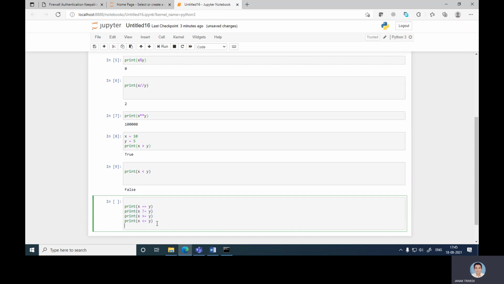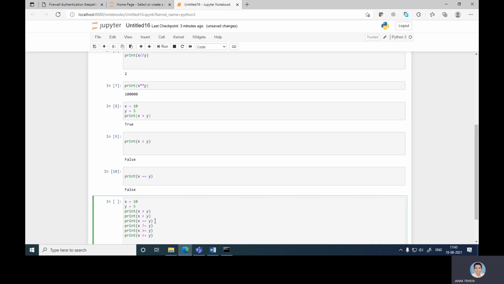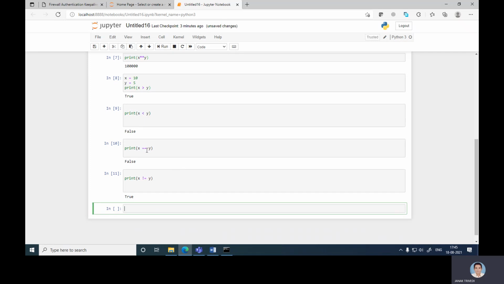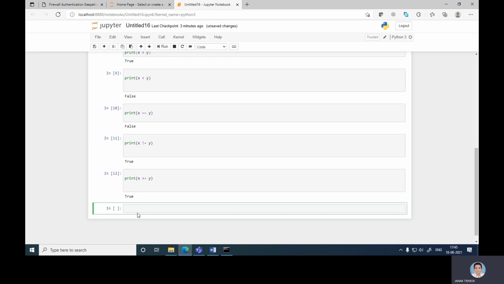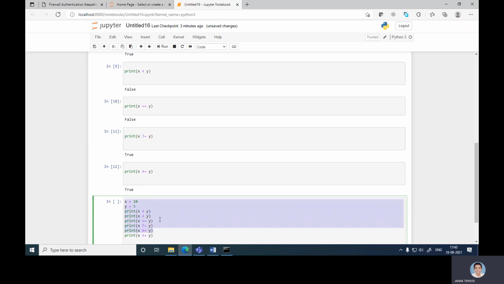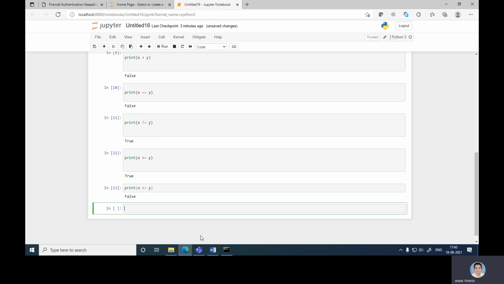No, both are not. False. Then x is not equal to y. 10 is not equal to 5. So true. Then x is greater than or equal to y. Yes, it is greater than or equal to y. And last is x less than or equal to y. No. So this is false. So this is the example for the comparison operator.